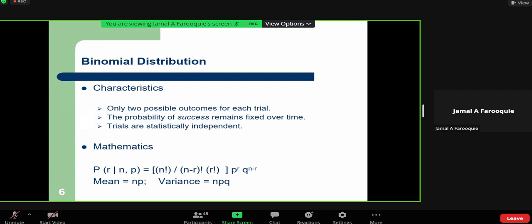If we are talking about tails, then getting a tail means success. If you are interested in finding probabilities of different numbers of heads, then the probability of having a head is success. So success is with reference to the event or outcome of interest.